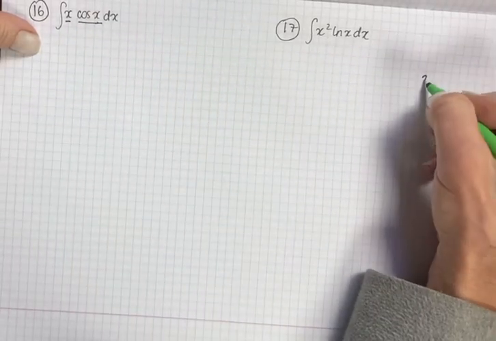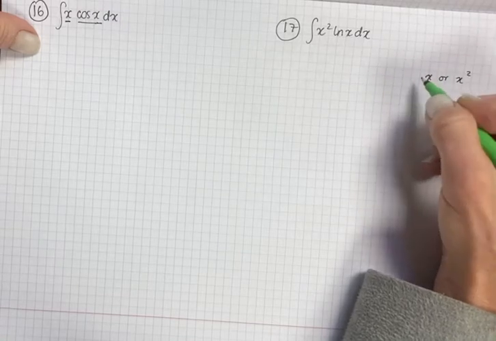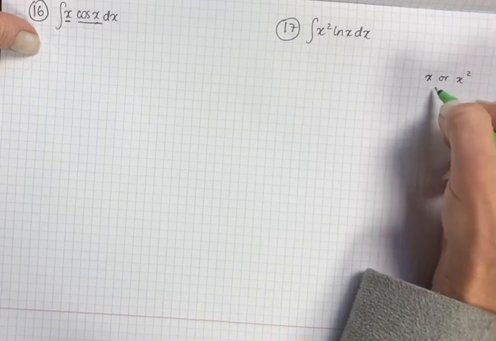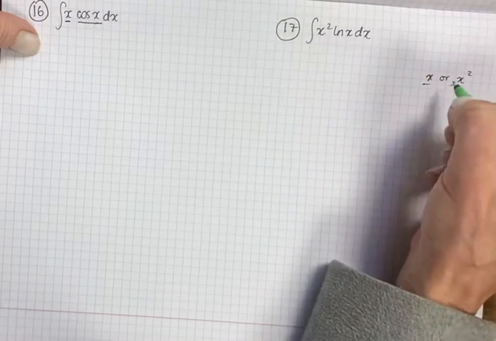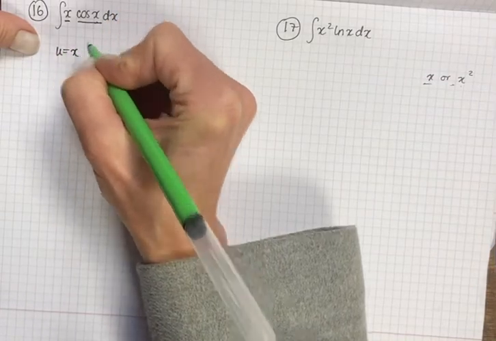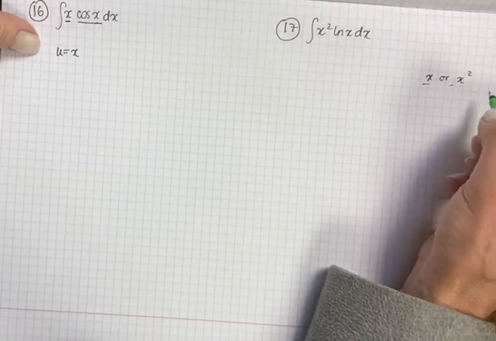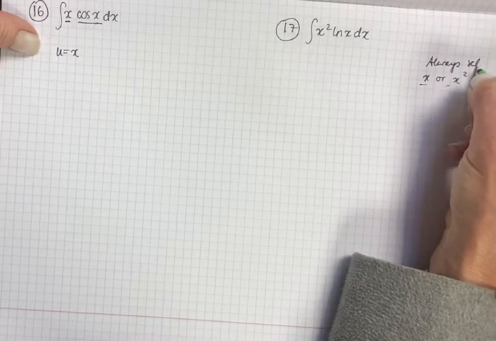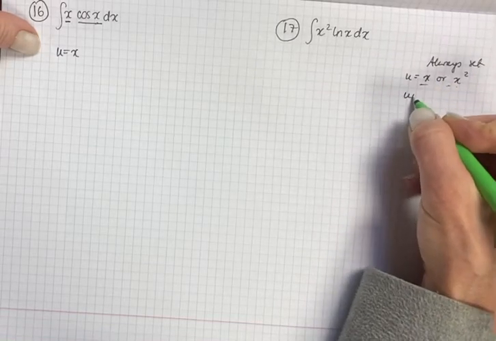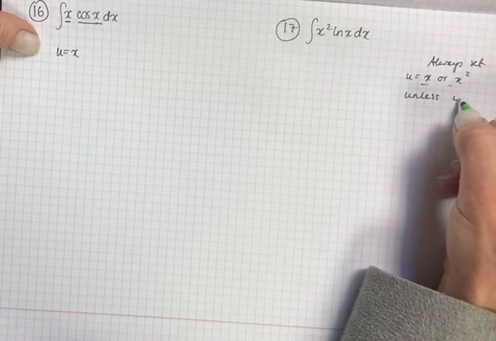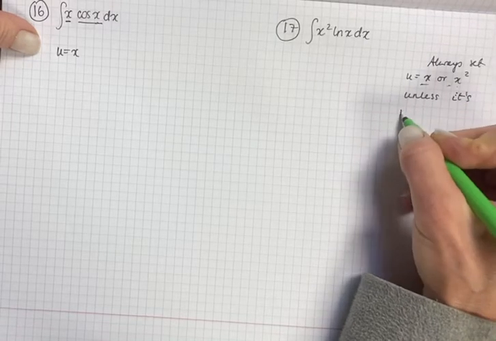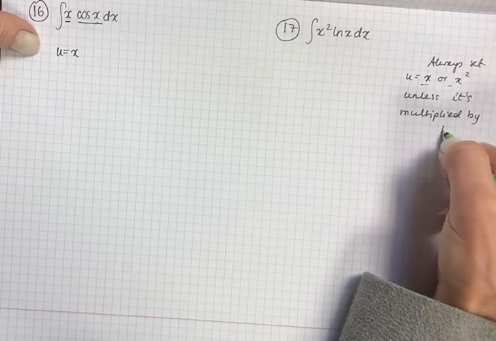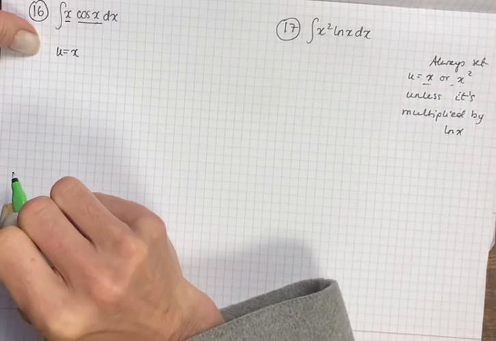Whenever x or x squared or 2x or 2x squared, a multiple of these, is multiplied by another function, you will set that always as u, unless it's multiplied by ln x, as we have in example 17.